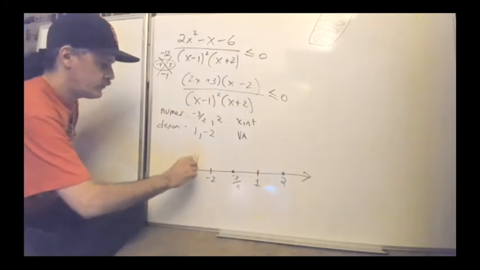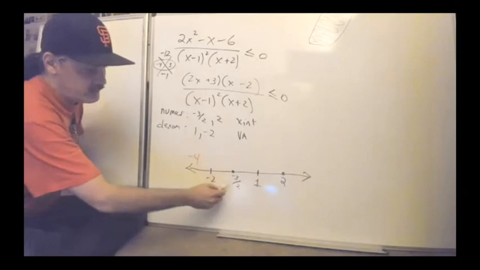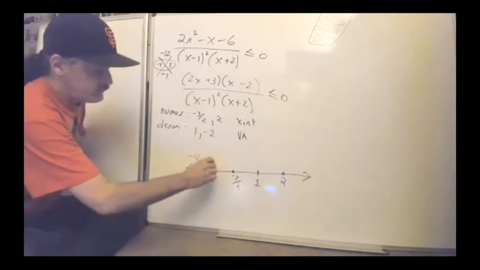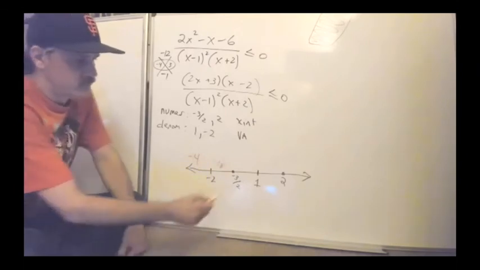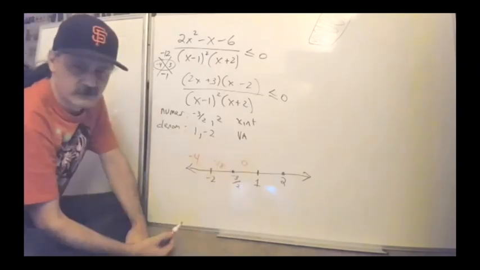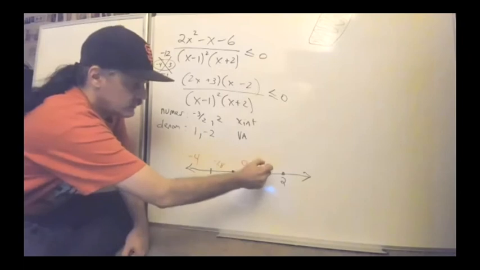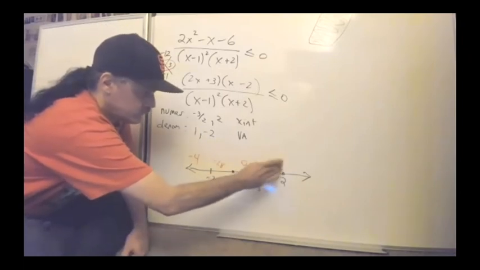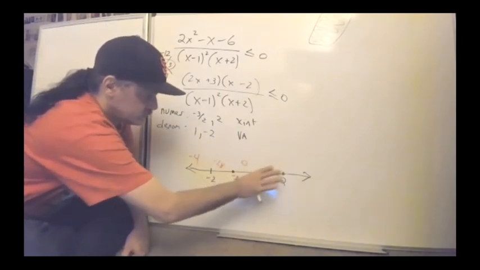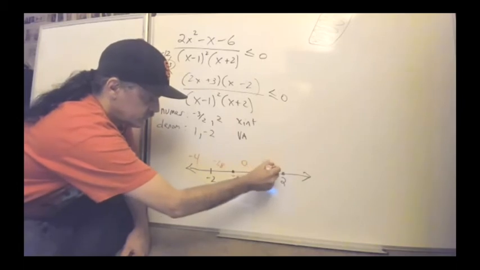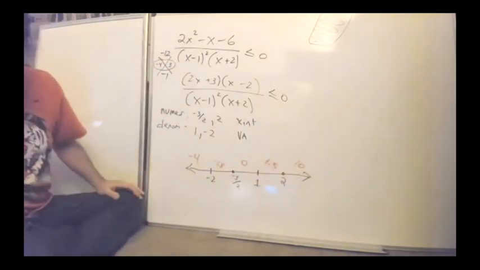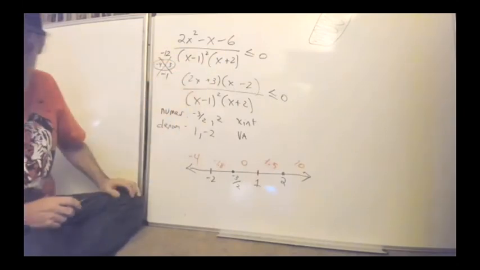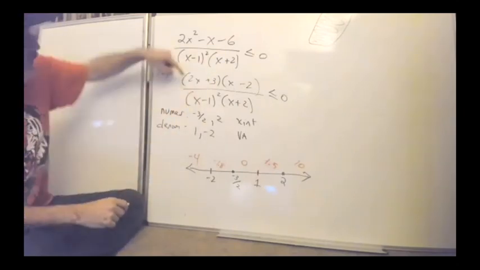These two are pretty close, so I'm going to use -1.8. If you can use a 0, that's almost always a good one to use. And then 1.5. And then just for the sake of it, I'll use 10. Then you just pop that in here and decide whether you get positive or negative.